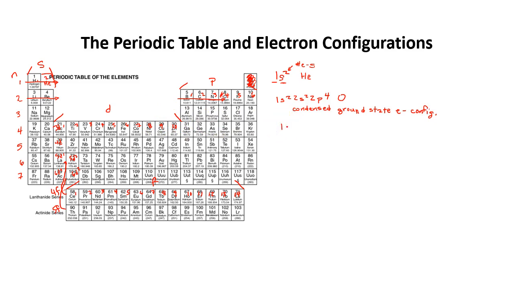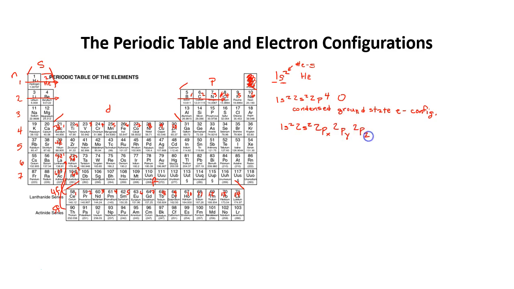Check this out. So this will be 1s2, 2s2, and remember the p atomic orbital has a p of x, p of y, and a p of z.